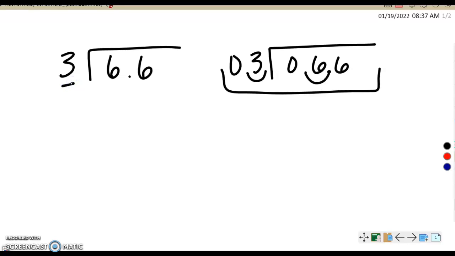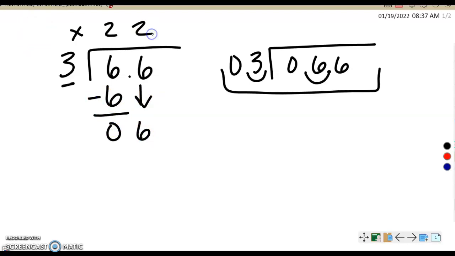So now division is exactly normal. 3 goes into 6 two times. 2 times 3 is 6. Subtract, 0 left over. Bring down the 6. 3 goes into 6 two times. 2 times 3 is 6. Subtract and get 0 left over. Then we take our decimal here.